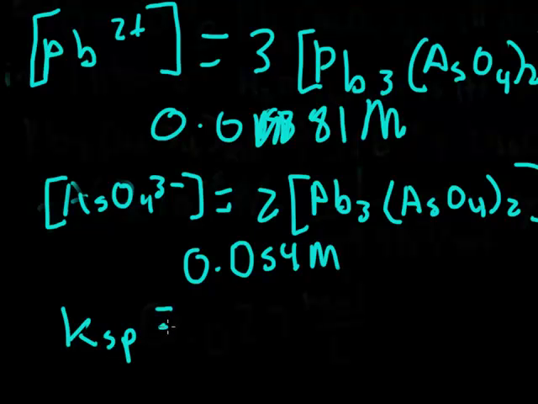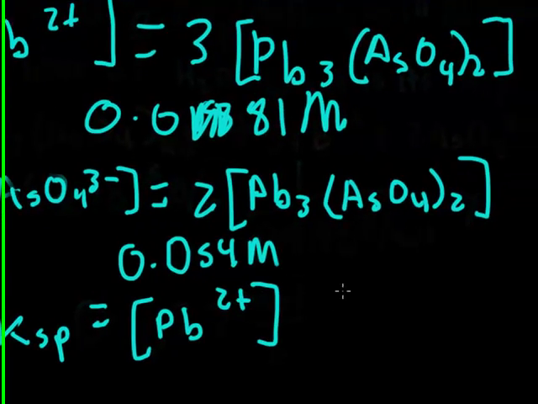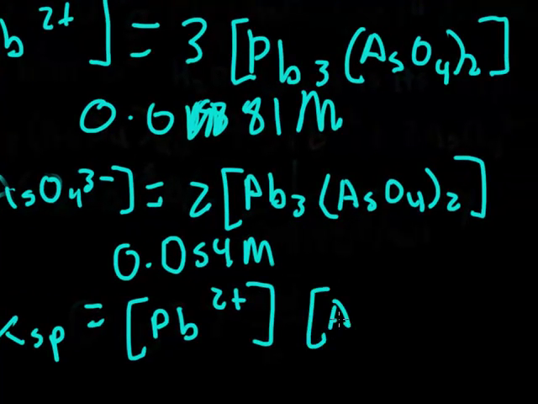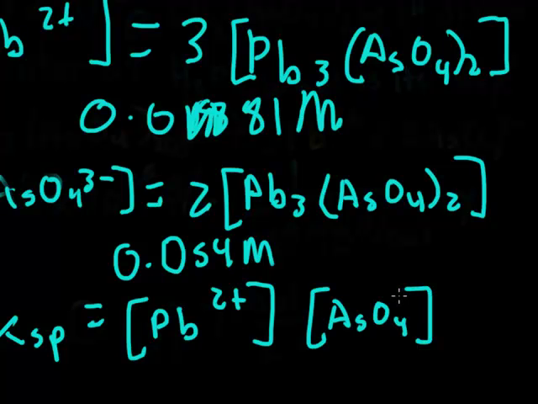Ksp is Pb2+ times AsO4 3-. Since there are 3 molecules of Pb2+ for every 1 molecule of Pb3(AsO4)2, you need to write a 3 as an exponent here, and a 2 since there are 2 AsO4s.